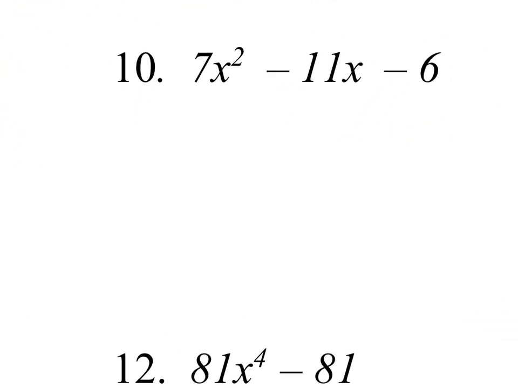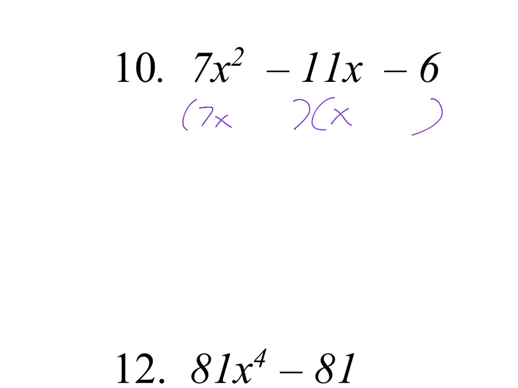All right, let's look at 10. No common terms. No squares in the numbers, so it doesn't fit any of my patterns. So I've got 7x. Now, I know it's a 7x and a 1x because 7 is prime. It only has 7 and 1 as a possibility. So now I have to have factors of 6 such that they subtract to 11. Well, that's not pretty.